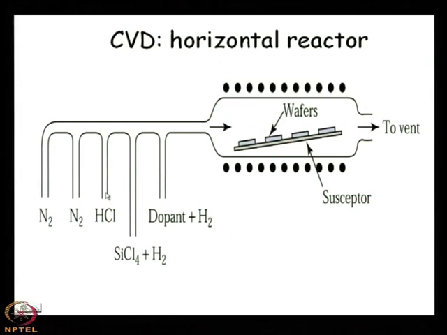So, there must be some inlet of HCl, okay. Then there must be some inlet of dopant. Dopant means if you want to grow p type or n type silicon, then you have to use the dopant. So, different kinds of gas lines are there. You can use these gas lines for sending different gases to the reactor chamber.